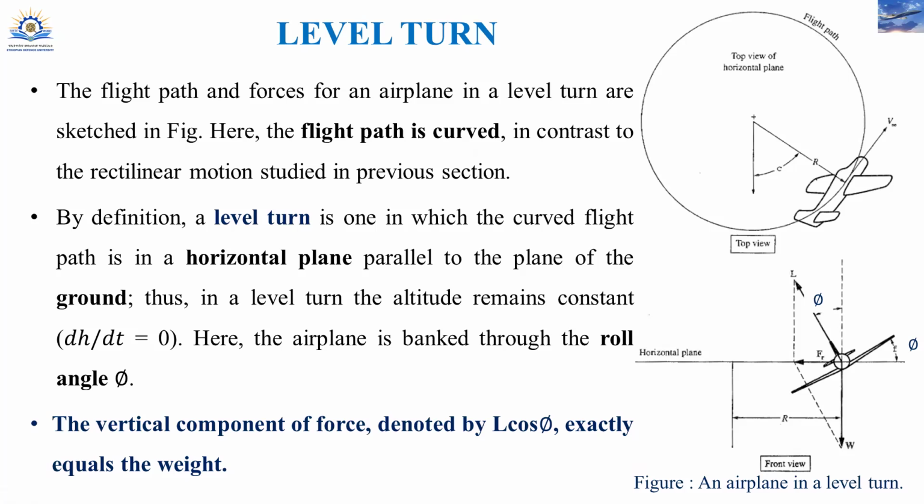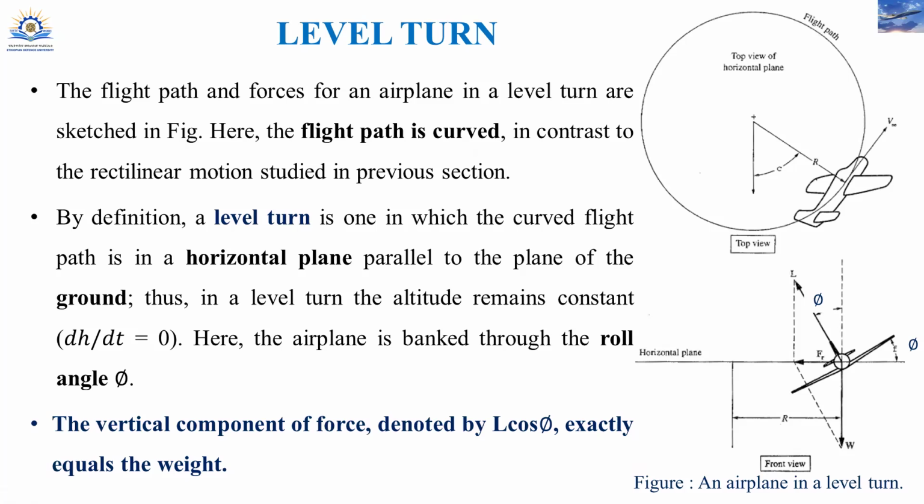Everywhere, if I stretch this point to here, this is H. This is also H. So everywhere it is at altitude H. Altitude is constant, where the aircraft is performing banking, just changing direction without increasing or decreasing the altitude. So that's what we call a level turn.